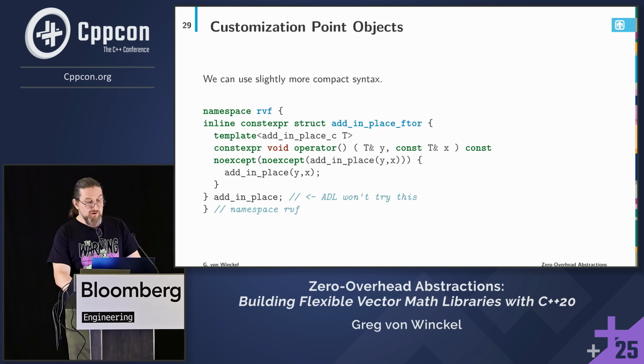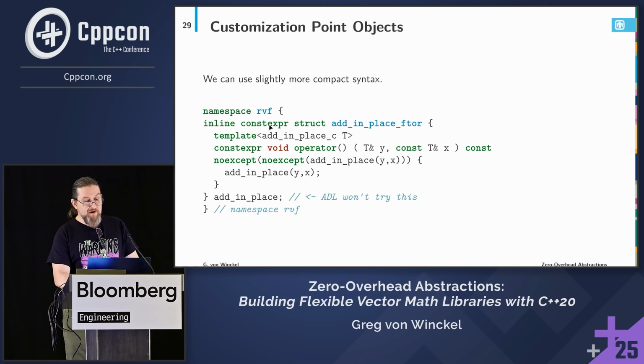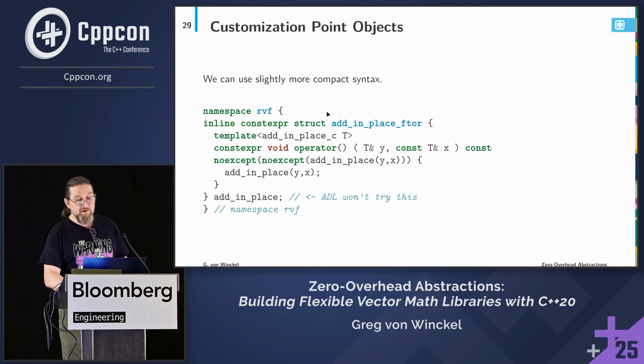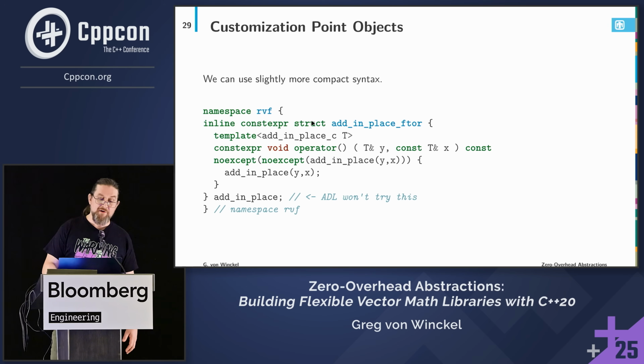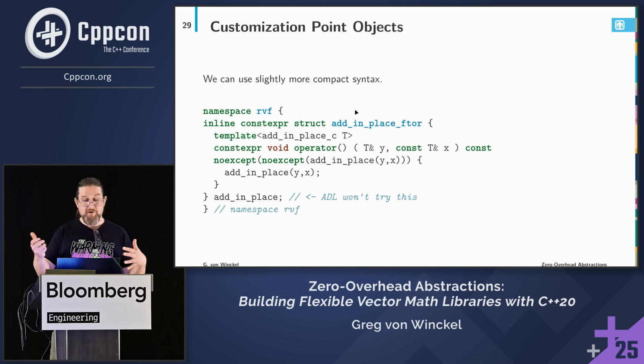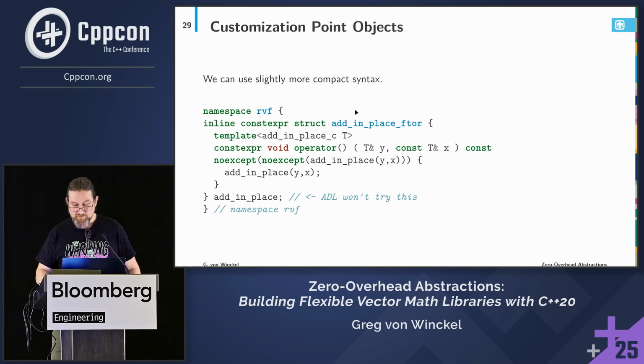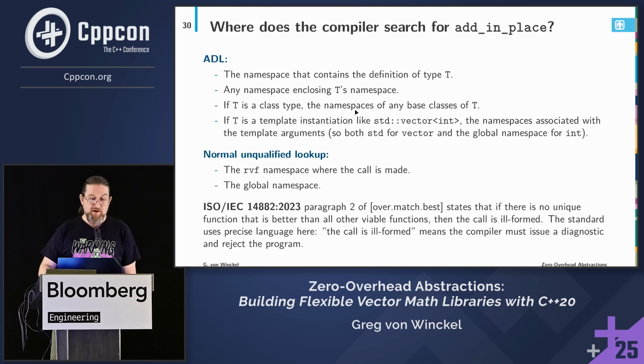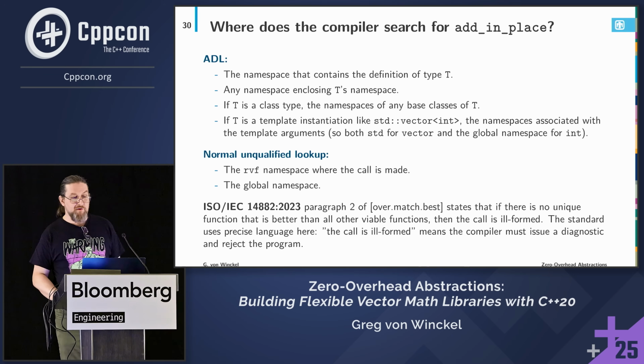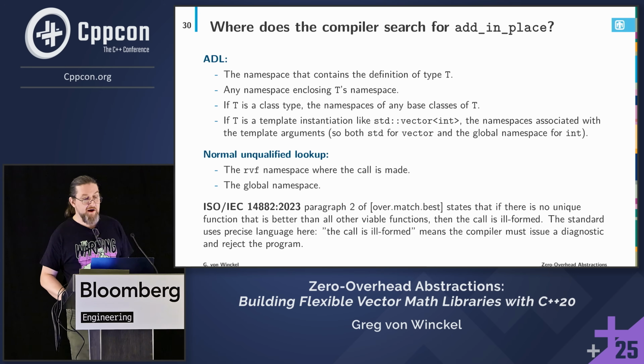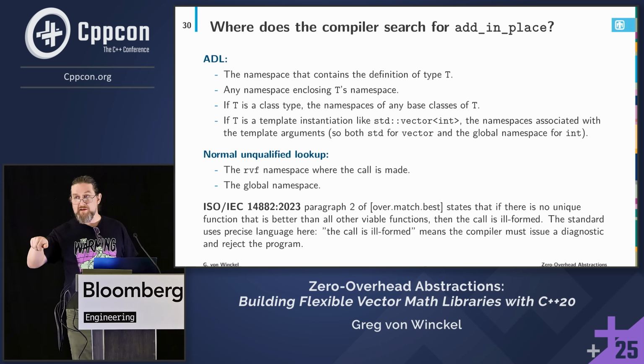All right. You can also simplify or condense the syntax slightly and write something that maybe looks a little bit funky, which is to say inline constexpr struct. Put it all together. That's fine. All right. So where does the compiler look for this add in place? Well, whatever your type T was, right? It will look in that namespace where that type T is defined.